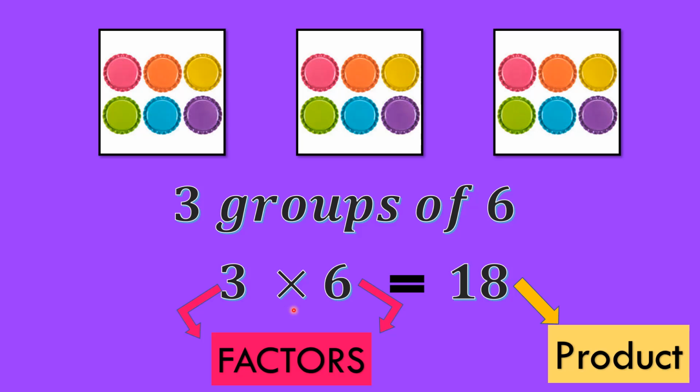This is the times symbol. Then the number of objects in each group, and we put the equal sign. This symbolizes the total. And then the product or the total number.